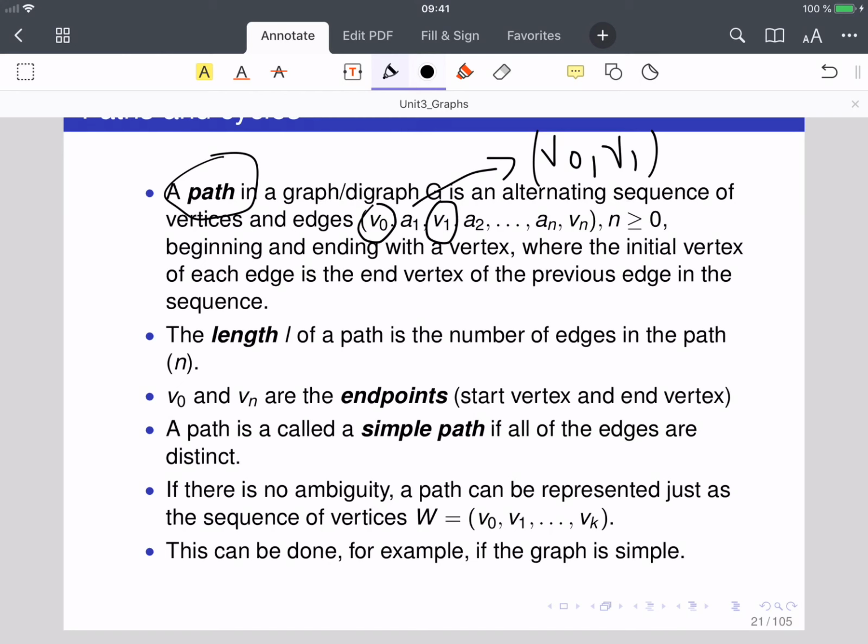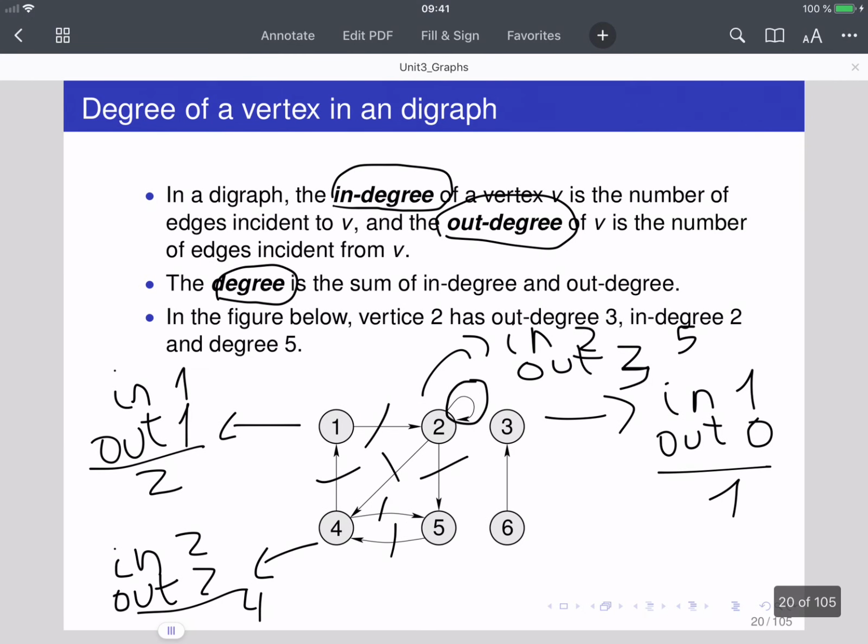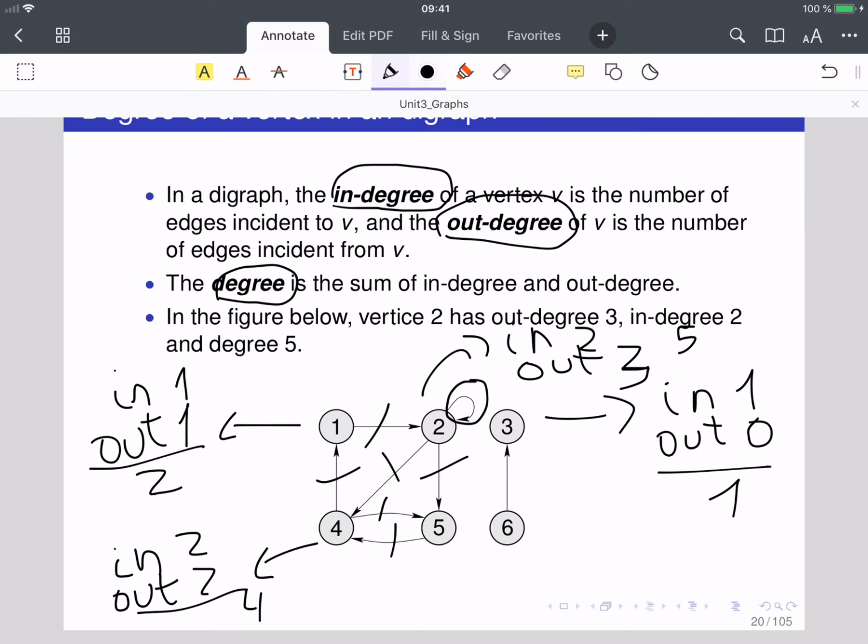Sometimes we can just say what are the vertices that we are using. So for instance, in the previous example here, we can say that a path is the sequence of 1, 2, and then 5.